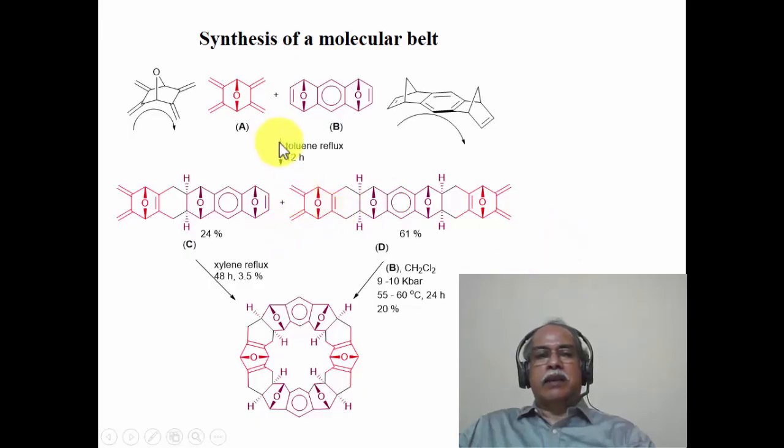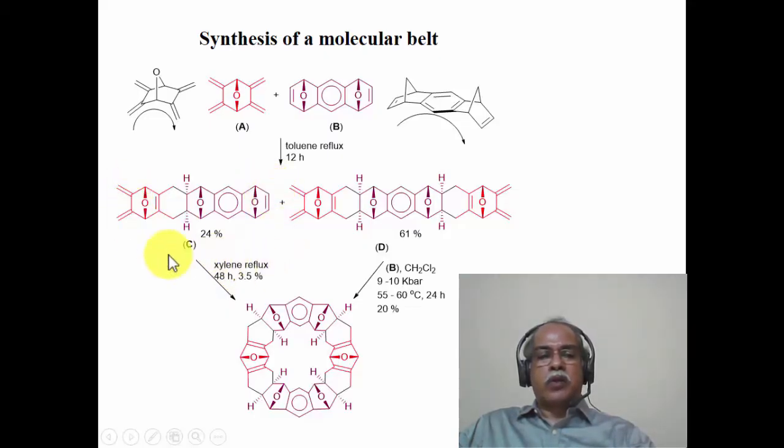Here you can see two equivalents of the molecule A have undergone Diels Alder reaction twice, once on this side of the dienophile, once on the other side of the dienophile, resulting in the formation of the bis adduct in this particular case. Now this molecule can undergo dimerization. A cyclodimerization is what is taking place. This portion has the diene and this portion has the dienophile.